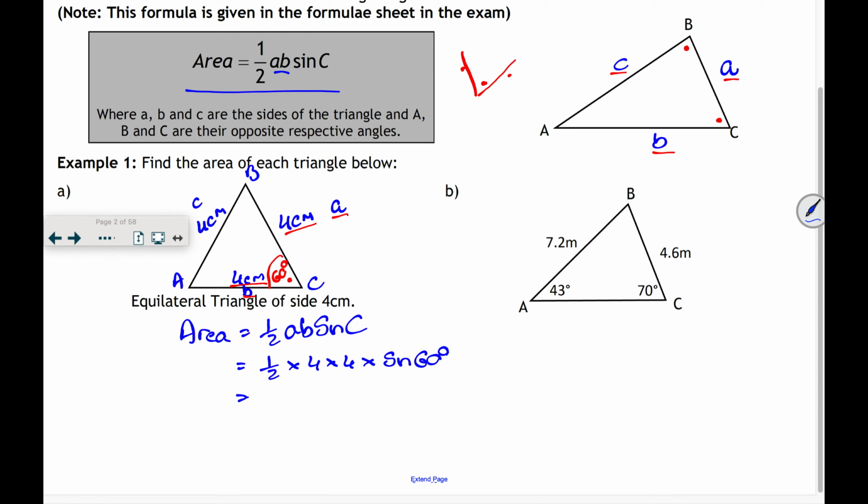You'll remember back when we started doing trig all those many months ago, I always called out, make sure your calculator is in degrees mode. So it's back to that. You must make sure that your calculator has got a D or a DEG at the top to make this work. So it's going to be a half multiplied by 4, multiplied by 4, multiplied by the sine of 60.